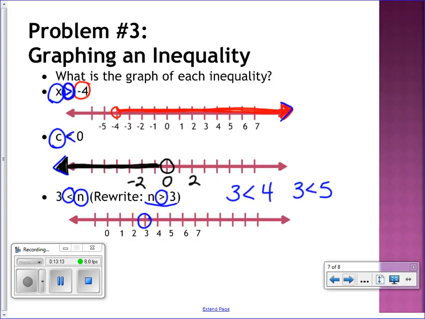And then I want to include these numbers 4 and 5, which are right here. All right, so my line is going to go this direction. And that would be another way of thinking about it if you don't rewrite the inequality. If you rewrite the inequality, then your arrow is going to go in the same direction as the symbol.